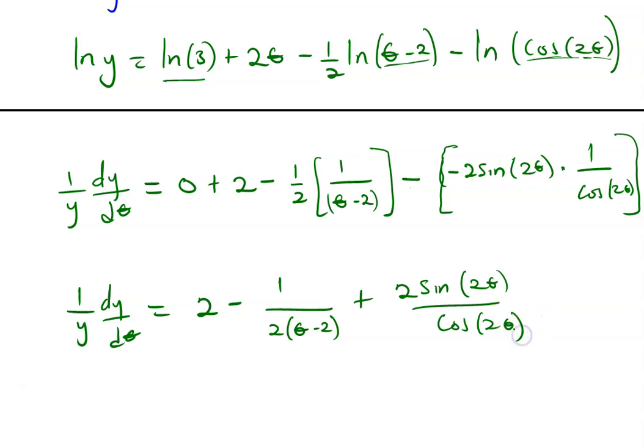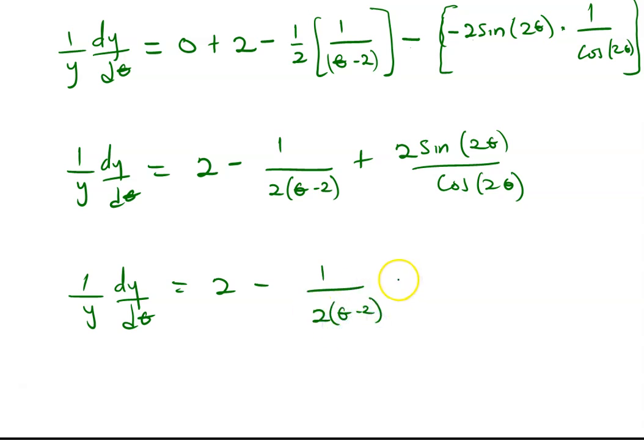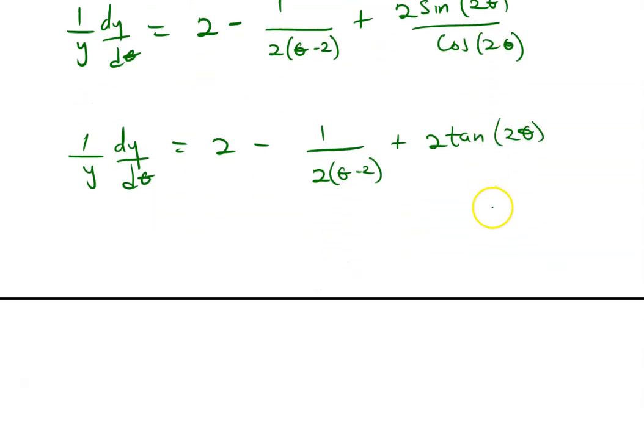Very good. So now we get 1 over y dy on d theta equals 2 minus 1 on 2 into bracket theta minus 2, plus 2 tan 2 theta, since sine over cos becomes tan 2 theta. Very good.